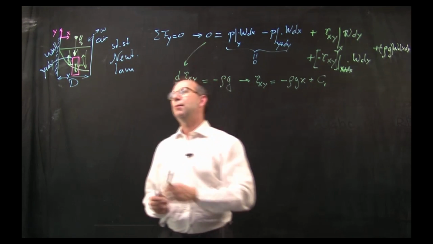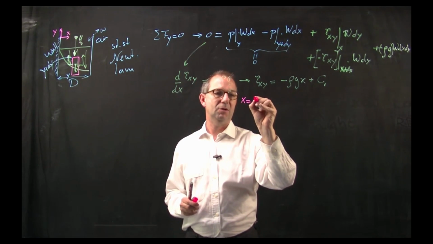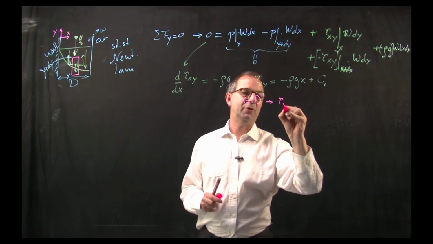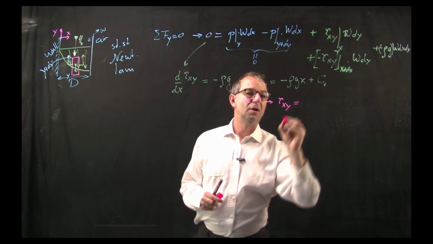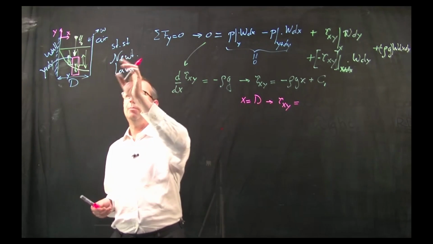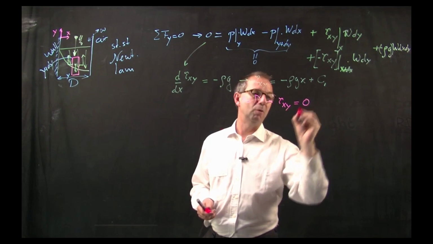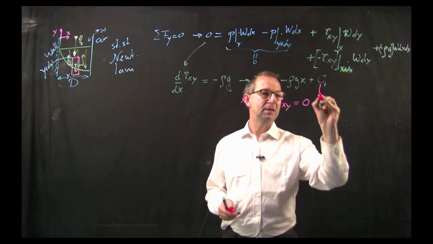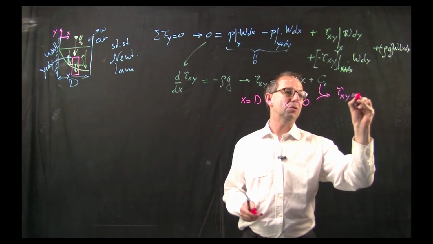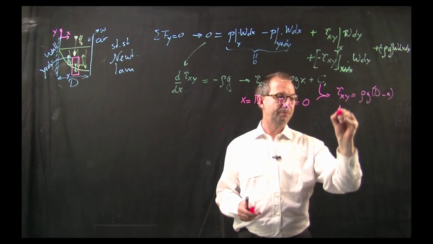Yes, I can find that, because I can argue that on this side, the air side, so at x equals d, the downward flowing liquid feels a frictional force from the air, but air has hardly any density, low viscosity, so for all practical purposes there is no friction. So I equate this to 0. And thus that C is fixed, and I find that tau xy equals rho g times (d minus x).